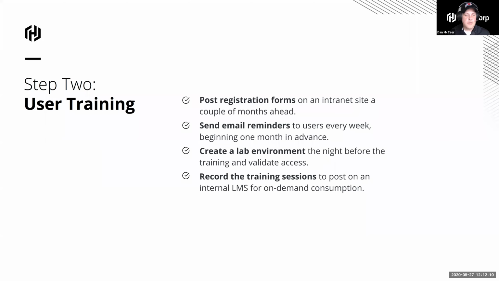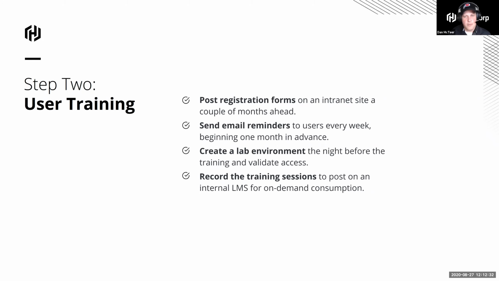And then step two, user training. Your first couple user trainings may not be ready yet. I highly recommend getting them ready before production deployment, but if you can't manage to do that, again, learn.hashicorp is a good place to send those people for some more in-depth, hands-on training on Vault.